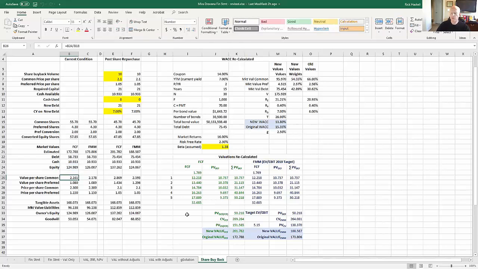And it gives me the $2.16. And then I can take and estimate a per share of preferred value by employing the conversion ratio. So I can take that same amount that I've got for common, knowing that 2 shares of preferred equals 1 share of common, and I can divide that amount that I have of value per common, divided by the conversion ratio, and it gives me the then estimated value for preferred.